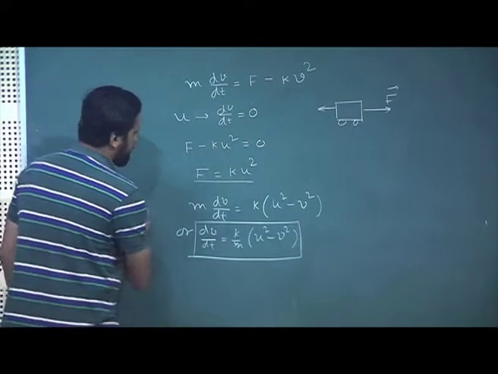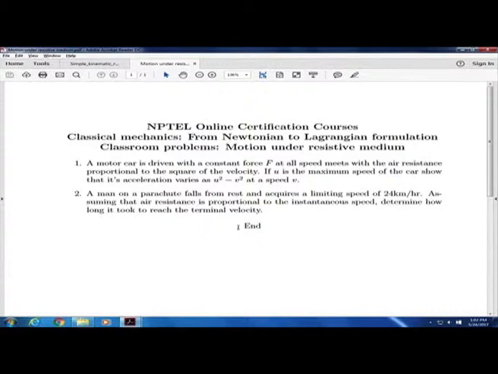Let us move to the next problem. The next problem is a paratrooper falling from rest and acquires a limiting speed of 24 kilometers per hour. Assuming that the air resistance is proportional to the instantaneous speed, determine how long it took to reach the terminal velocity.